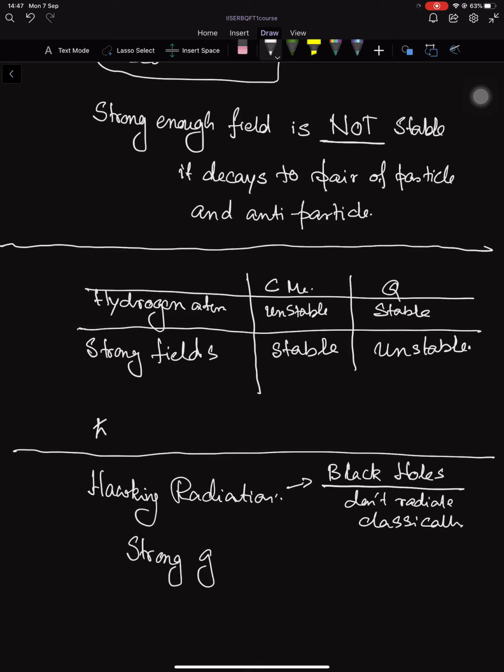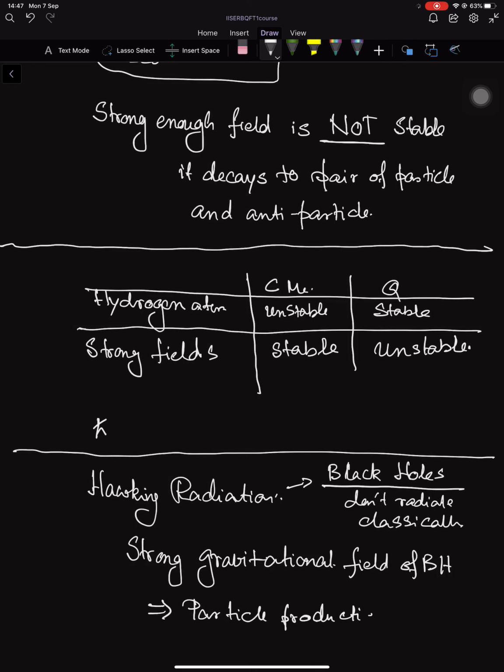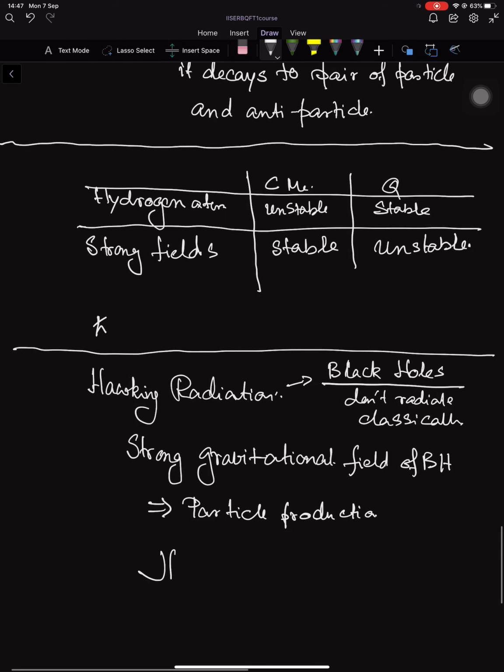But again the same thing happens quantum mechanically. The strong gravitational field of a black hole gives rise to particle production. And this phenomenon is known as Hawking radiation.